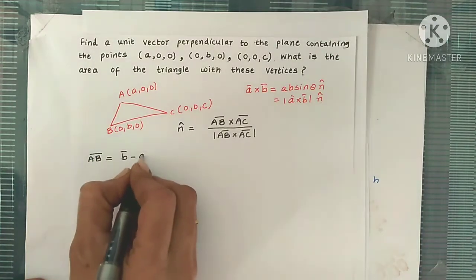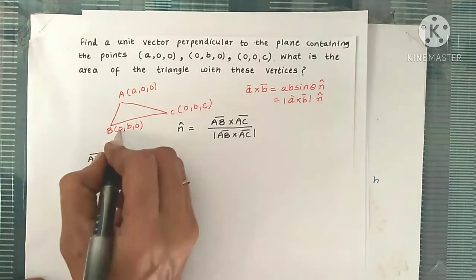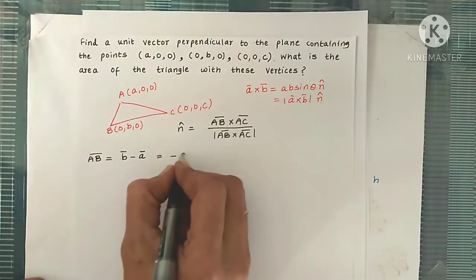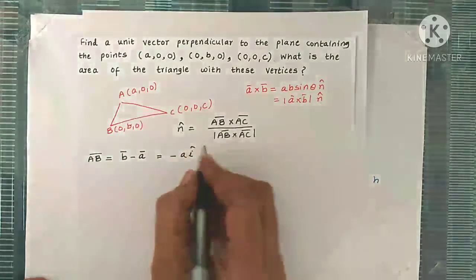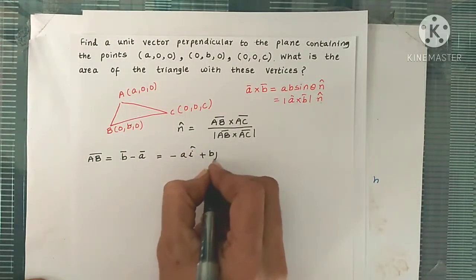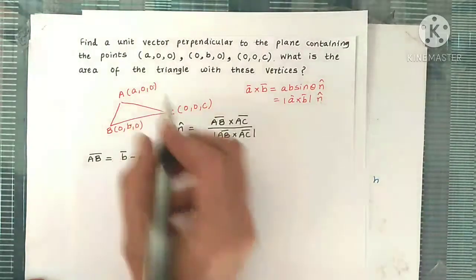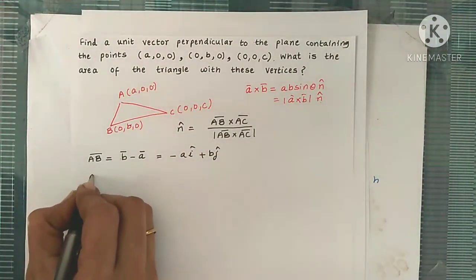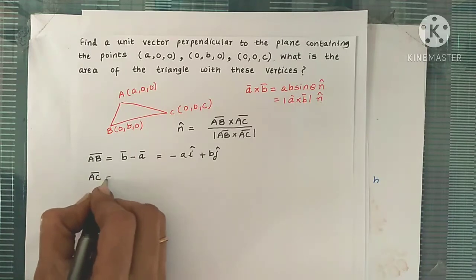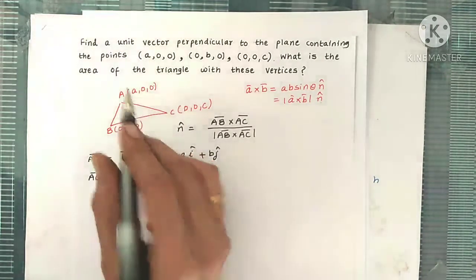So B bar minus A bar gives us 0 minus A, that is minus A I cap. Then B minus 0, that is B J cap, and 0 minus 0, so we don't get the term there. Next one is AC bar. It is C bar minus A bar. So it is 0 minus A.